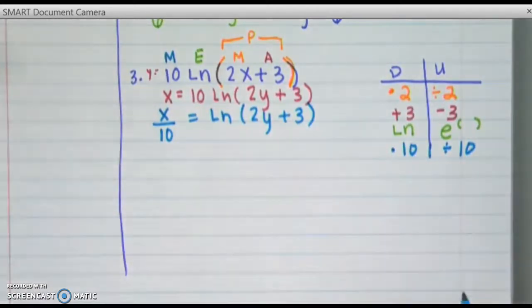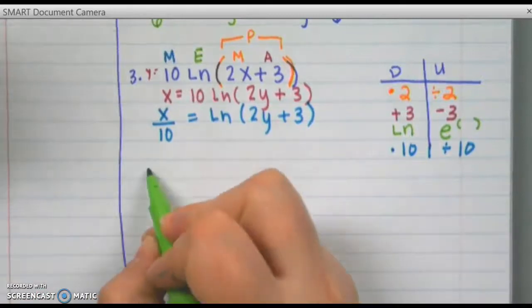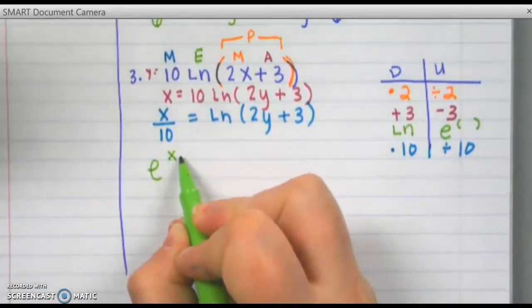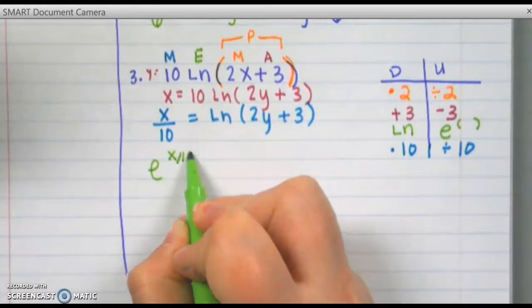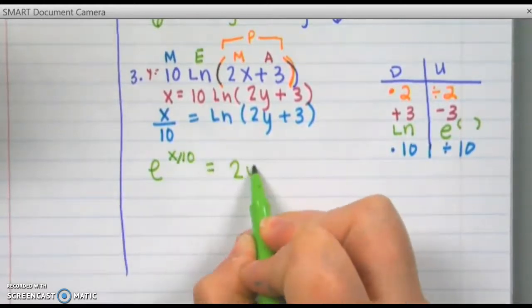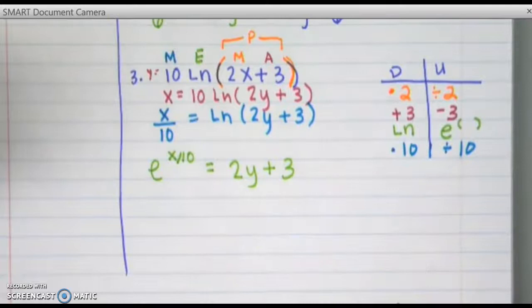All right, my next step is to do the exponent. So I need a base of e, and the x over 10, that was already there. So now ln is gone. So now it's just 2y plus 3. All right, I'm going to subtract 3.